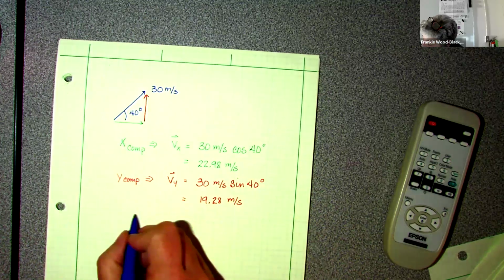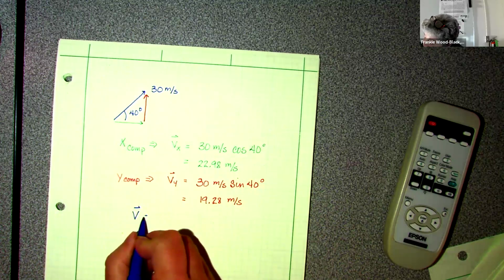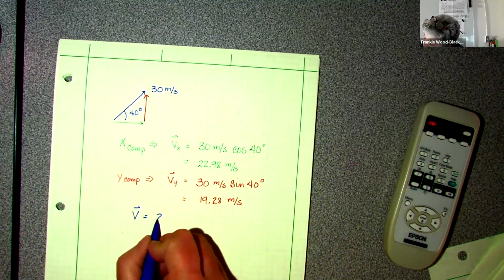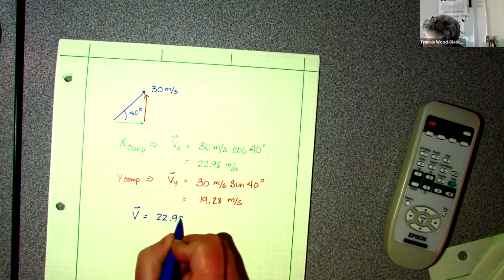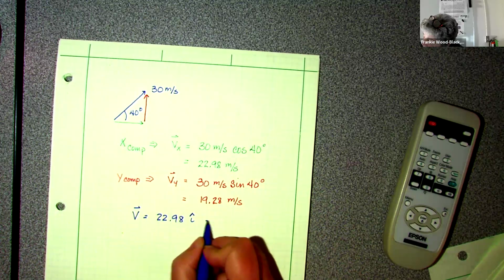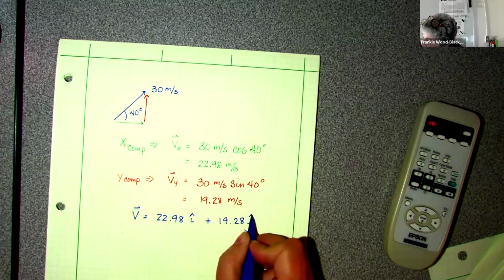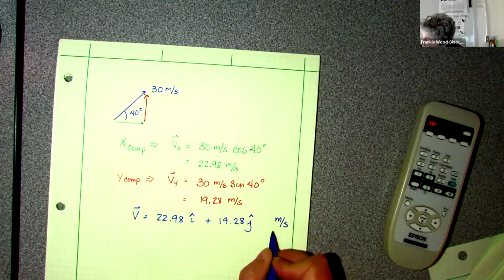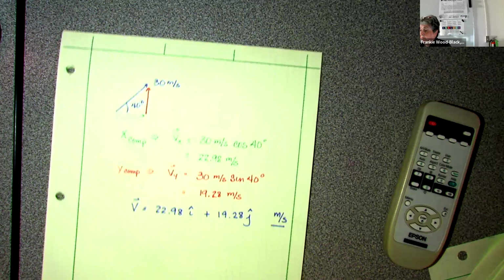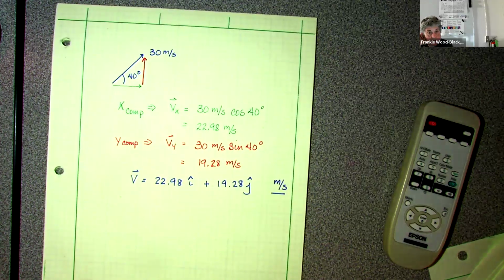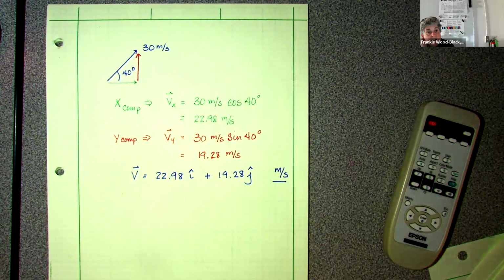So I can write my velocity vector now as 22.98 in the i direction plus 19.28 in the j direction in meters per second. So we've got that set of vectors doing really well.